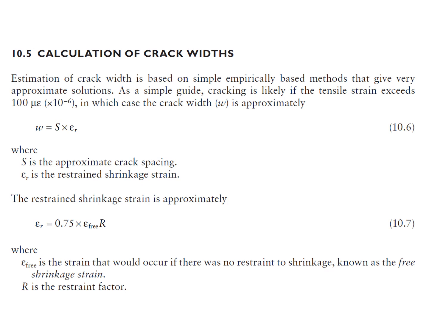The strain that would occur if there was no restraint to shrinkage is known as the free shrinkage strain, and the restraint factor is dependent on the conditions in the concrete. The 0.75 factor accounts for creep strains, which relieve heat of hydration shrinkage strains. Creep is more important for long-term drying shrinkage, where this factor can be reduced to 0.5.